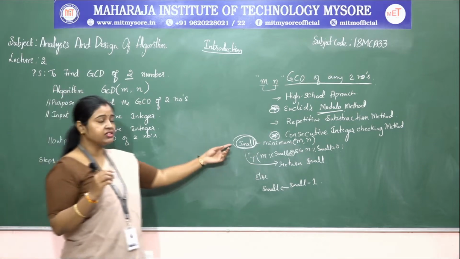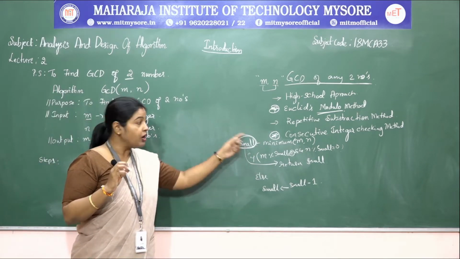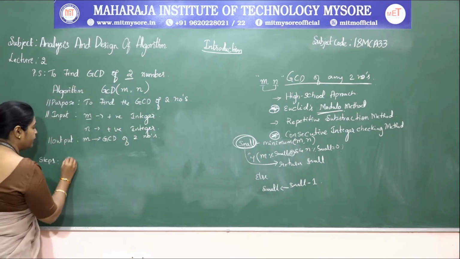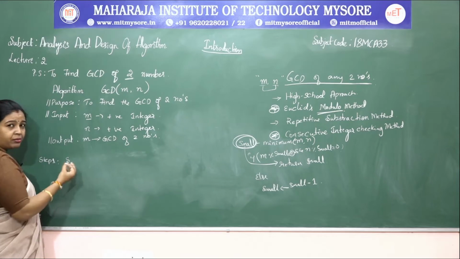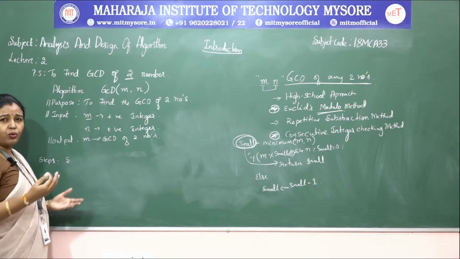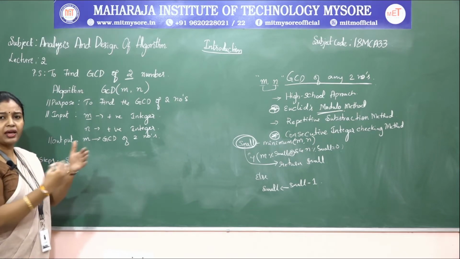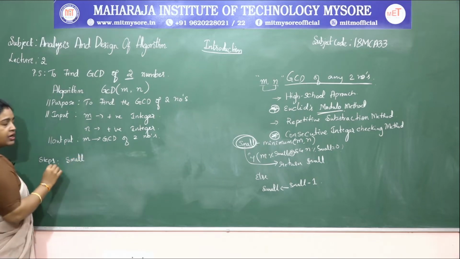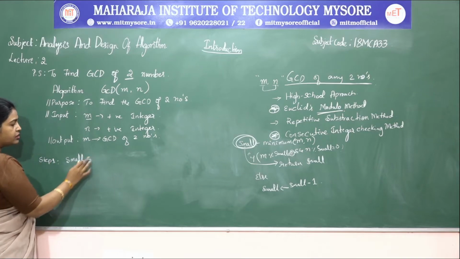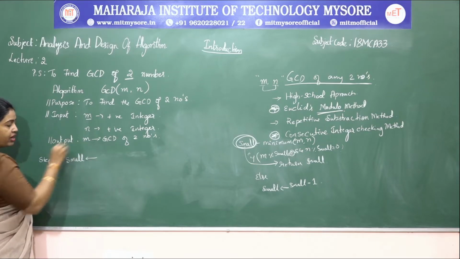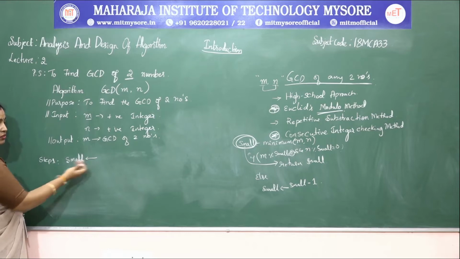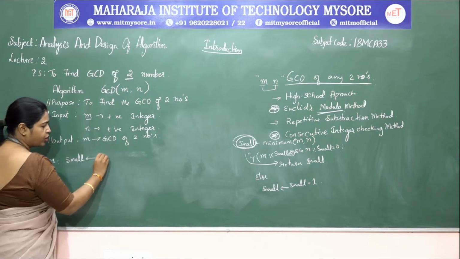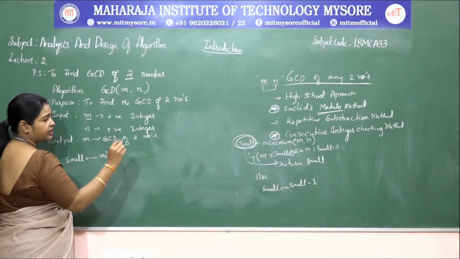In step 1, we need to find the smallest among the given two numbers. You can take whatever variable you want, or common number; here I am taking the variable small. While writing the algorithm, we preferably use the assignment operator rather than equals. We need to find the min of m and n.